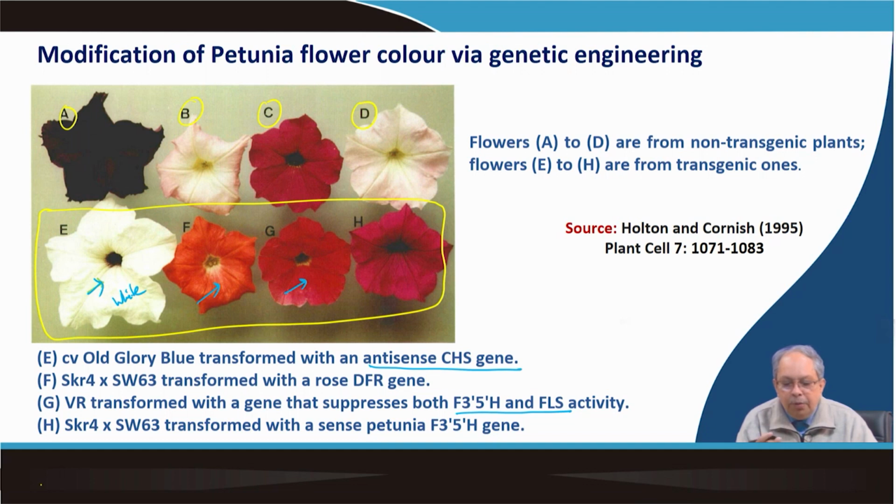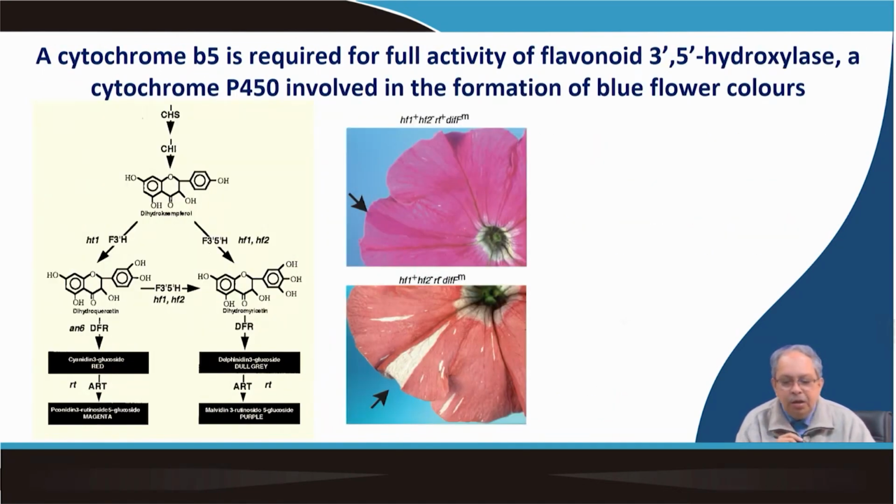But if the transgenic plant, the explant used, already contains another gene which led to the formation of reddish color, then with the blue color these two will mix up, and as a result there will be different coloration. So, if you see these, they have different coloration, and the strategies are different: one antisense, one overexpression, one another gene. So, if one plays with these pathway genes, it is possible to make changes in the flower coloration.